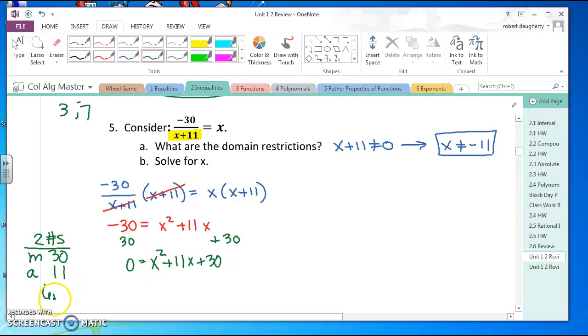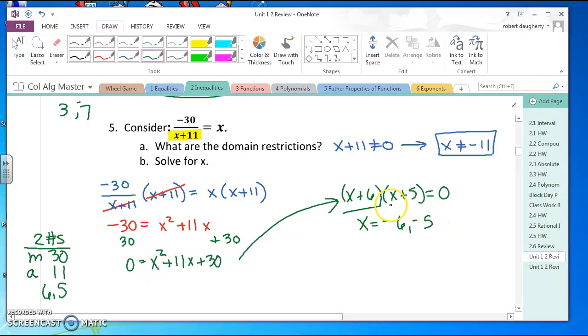Those numbers are 6 and 5. They multiply to 30 and they add to 11. So that means I can write this as x plus 6, x plus 5 equals 0. So x is equal to negative 6 or negative 5. I want to be sure those do not contradict my exclusion. My exclusion was x could not be negative 11. These do not contradict, so we're good to go.